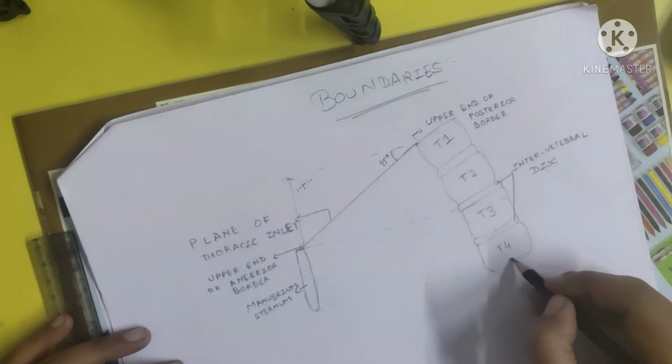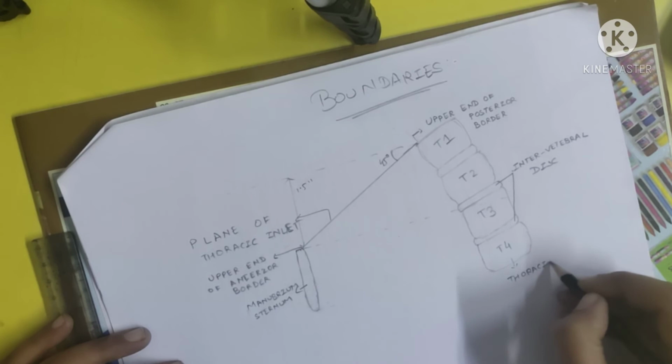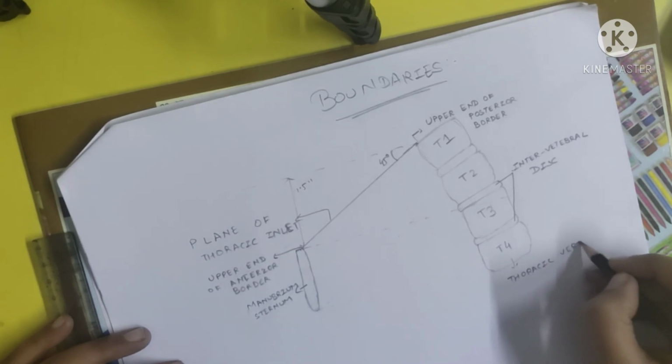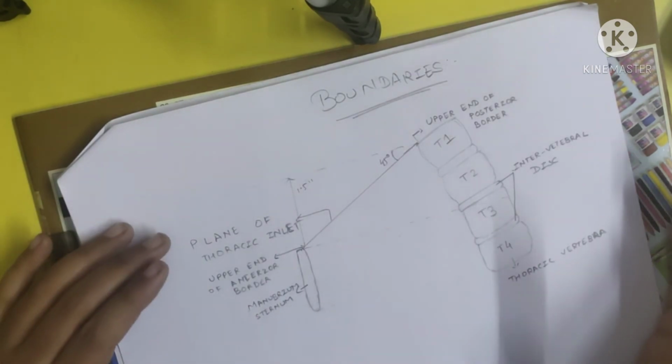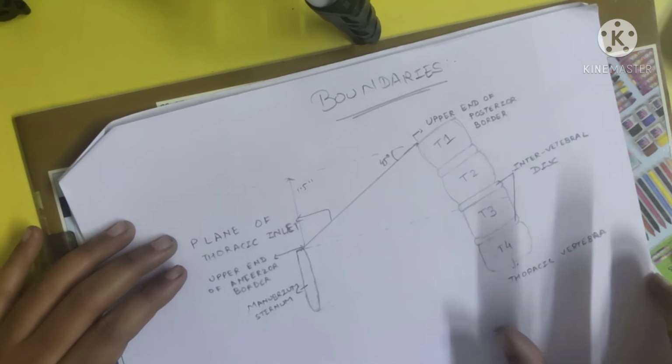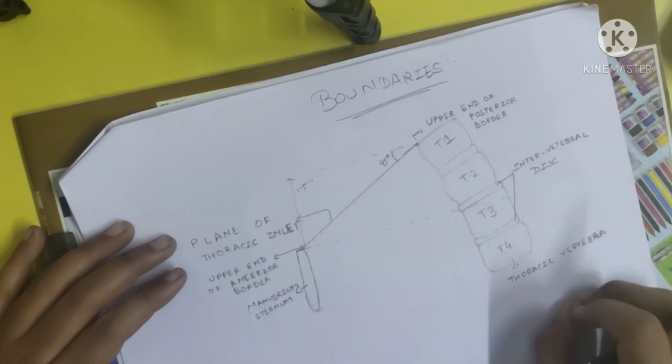All right, these can be the thoracic vertebra. Okay, so that is all for this diagram of boundaries of your thoracic inlet or the superior thoracic aperture.